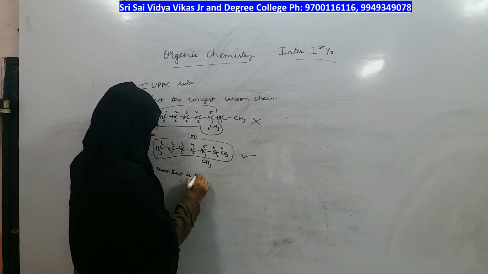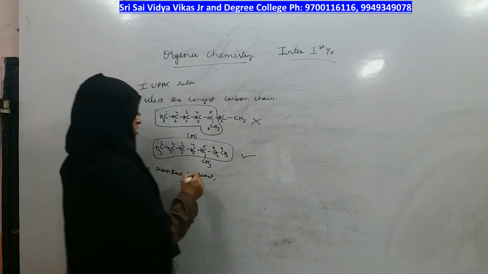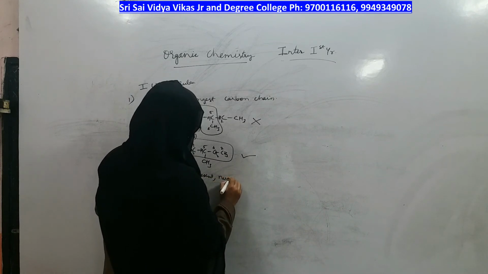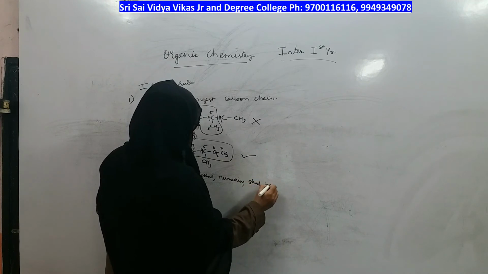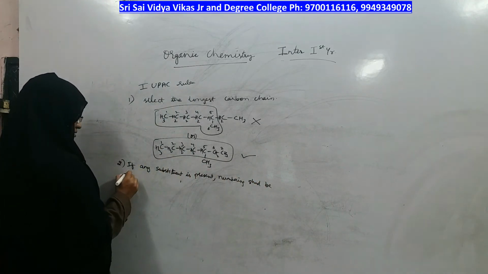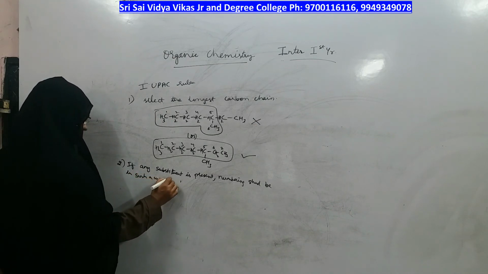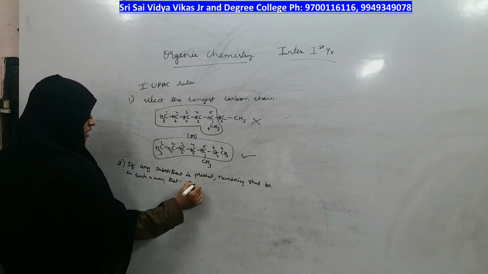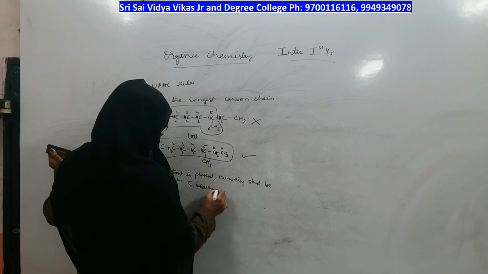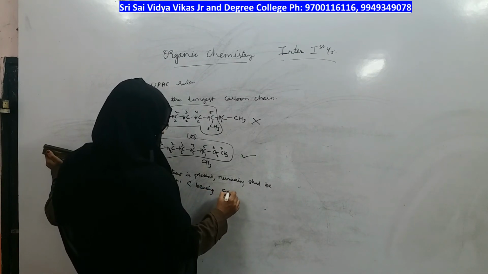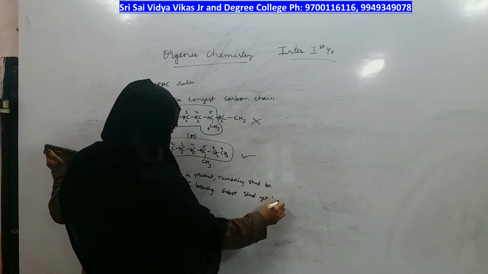If a substituent is present, numbering should be done to the chain in such a way that the carbon bearing the substituent should get the least possible number.